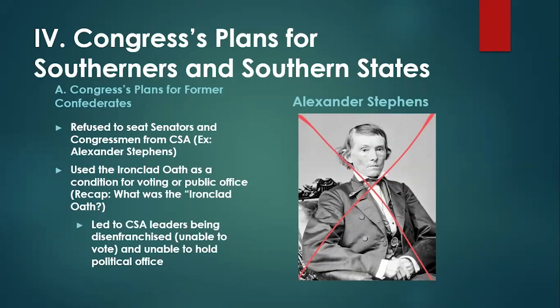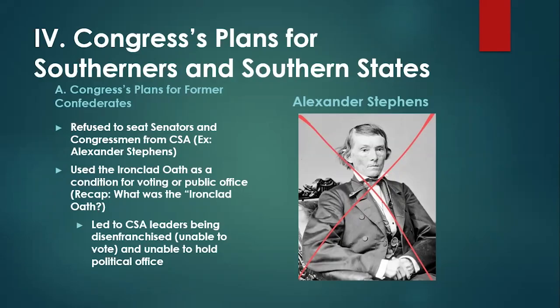So, for example, as these former Confederate leaders were being elected as senators and congressmen, when they came to be seated at Congress, the rest of the Congress refused to seat them. To further emphasize their unwillingness to allow former Confederate leaders to have any kind of power, Congress used the ironclad oath as a condition for anybody in the former Confederate states to be able to vote or hold public office.